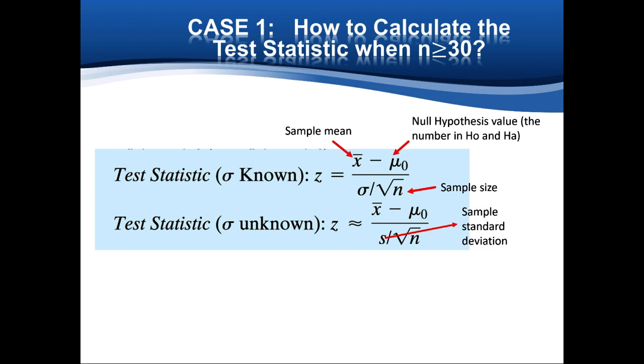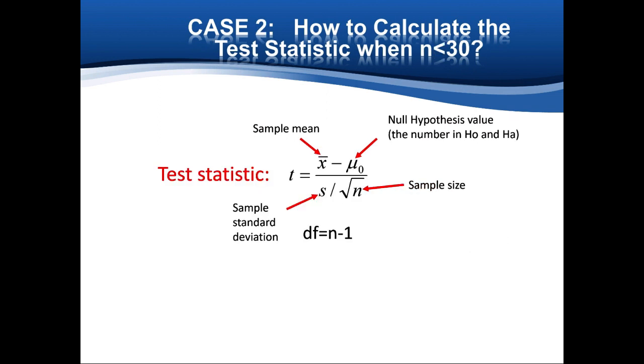Now let's see case 2. When sample size is smaller than 30, we will use t-table instead. The test statistic will be a t-score then.